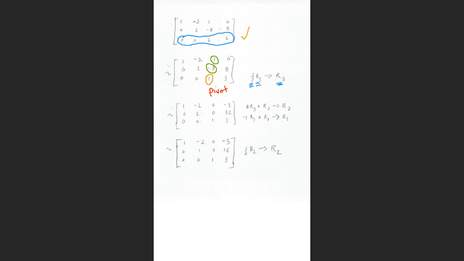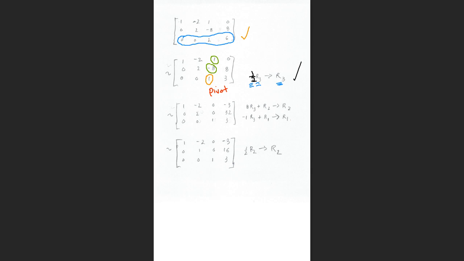Oh, it should be a half. Thank you. It's not 1/3 times row 3. Thank you, Mikhail. It's 1/2. Well done. Good catch. You get a virtual candy bar for catching that.